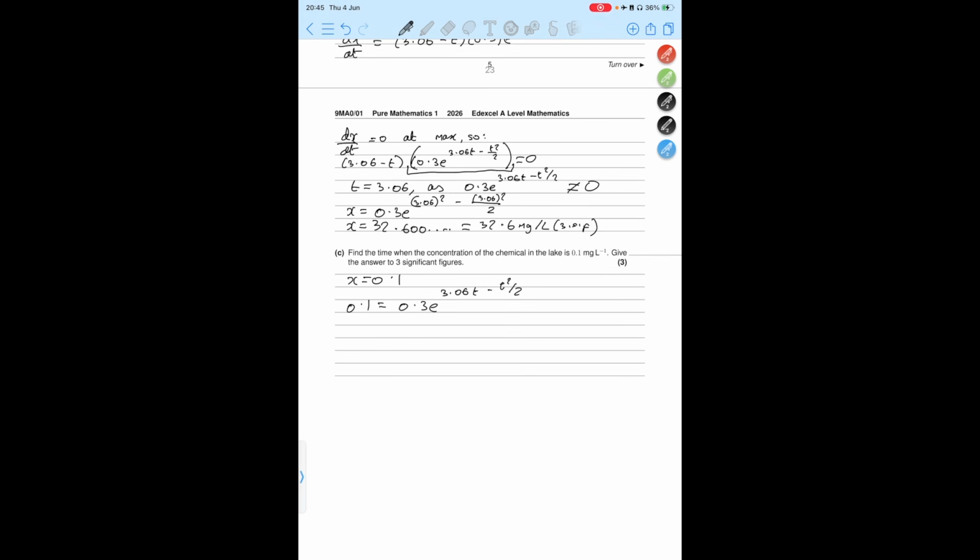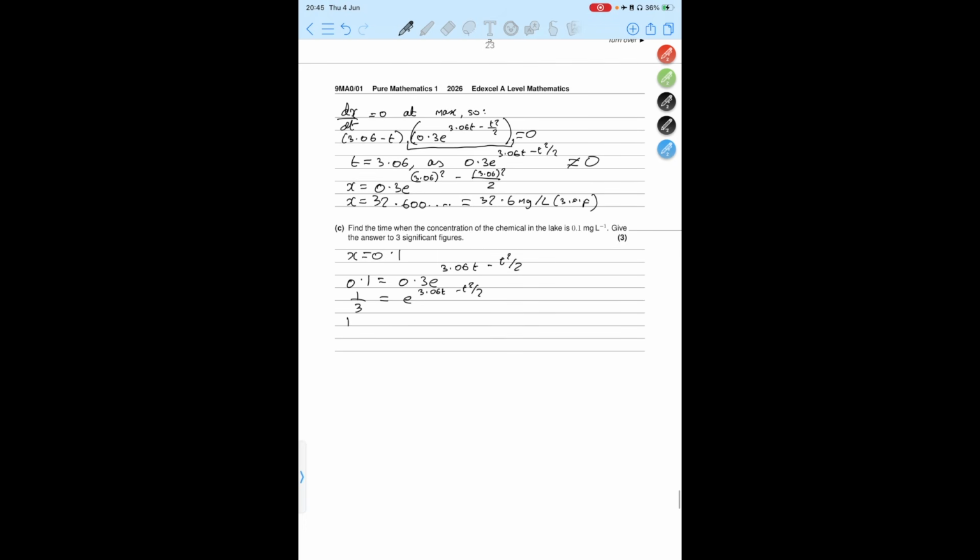We should get 1 over 3 is equal to e to the 3.06 t minus t squared over 2. Now we take the natural logarithm of both sides. That gives us ln of a third equals 3.06 t minus t squared over 2.